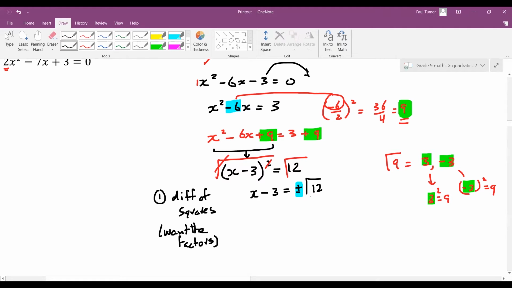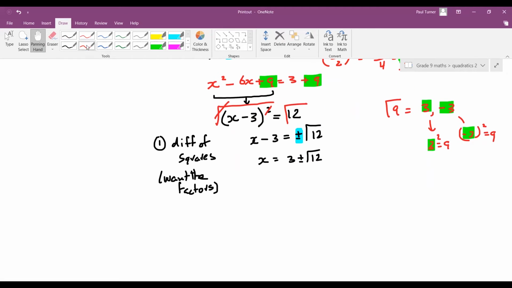So the next step is bring the 3 across. 3 plus or minus root 12. You can stop there, but we can simplify the surd a bit. Remember last week I said root AB is the same as root A times root B. So root 12 can be written as root 4 times root 3. 3 fours are 12.